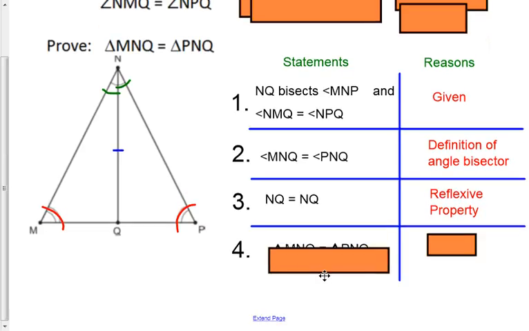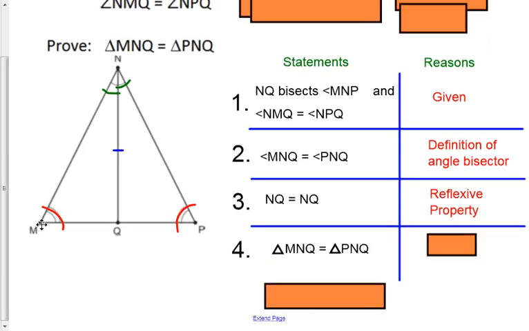So our last statement then, triangle MNQ, this triangle, is exactly as big, or the exact same triangle, as PNQ. And what let us know that? How do we know that for sure? Well, we have an angle, and a side being congruent to an angle, and a side. Even though it's literally the exact same side, it's equal to itself.